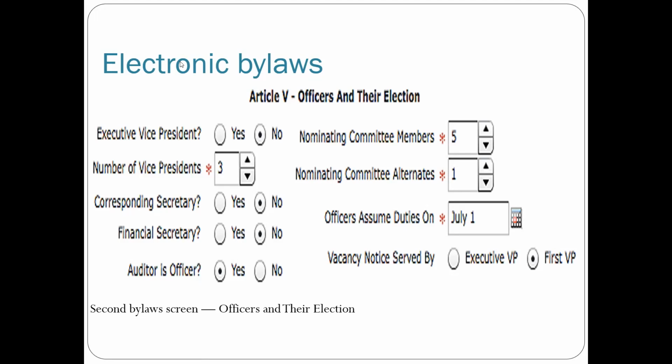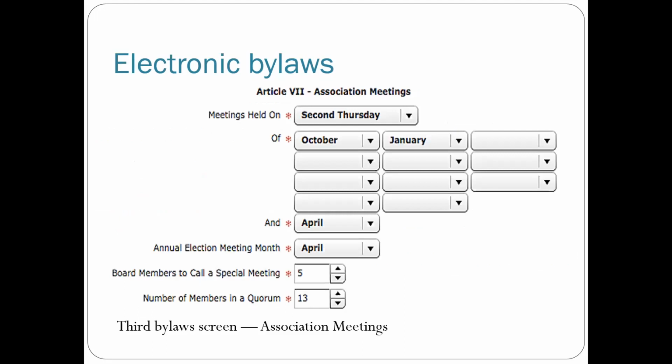So that should be the same for everybody. And vacancy notice served by, this would be for the president, it would be either the first VP or the executive VP. So this is a screen that you will be able to enter information on and update. Next slide, please.